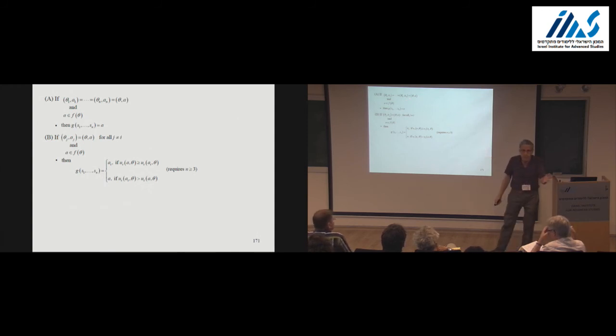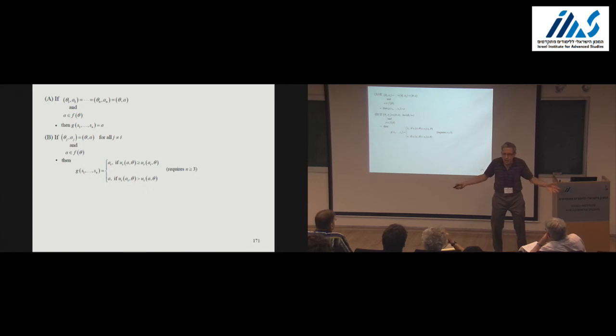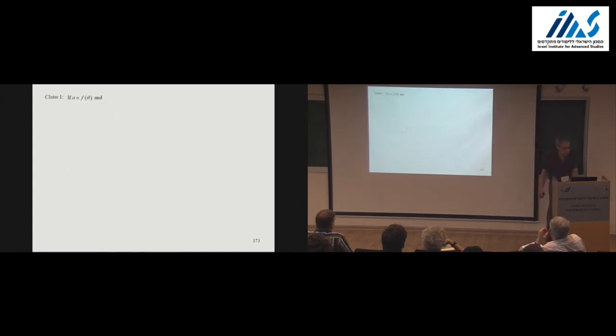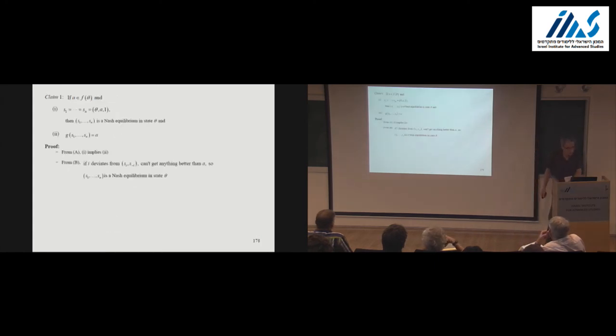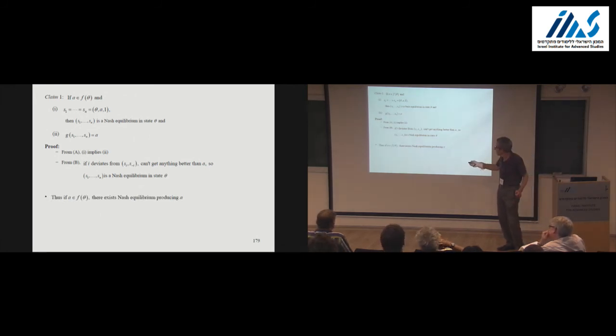So he can get anything which is on or below his indifference curve through A. But none of those outcomes is actually better than A, and so he doesn't gain by any such deviation. And so, as claimed, S1 through Sn is a Nash equilibrium in state theta, and it leads to outcome A. So every optimal outcome in state theta can be achieved by a Nash equilibrium.